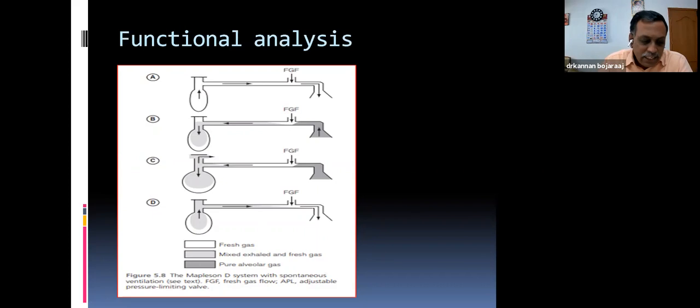They displace any fresh gas remaining here and start to fill the reservoir bag first. And when the pressure is mounted up, that will open the APL valve, and whatever the gases are here and here are also vented out.